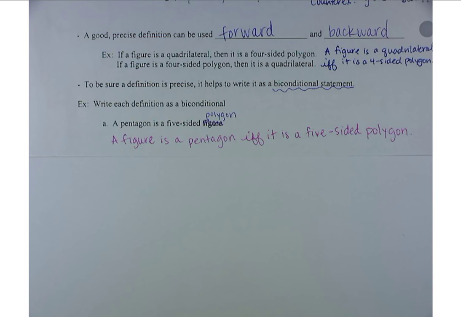So this is another one where you kind of have to add some of your wording in. So based on that example, I want you to give part B a try.